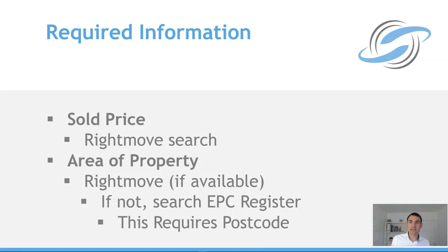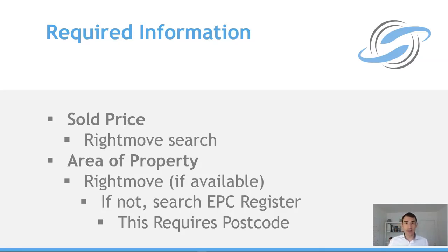Sold prices we find on Rightmove by searching on Rightmove. They're all listed there in the sold price section, dead easy. The area of the property, however, sometimes is also included on Rightmove. So it's dead easy, you've got both bits of information you need and you can just crack on. However, sometimes you need to go and search elsewhere to get the area. The EPC register, the Energy Performance Certificate register, has the size of all properties ever sold, because by law you have to do that.